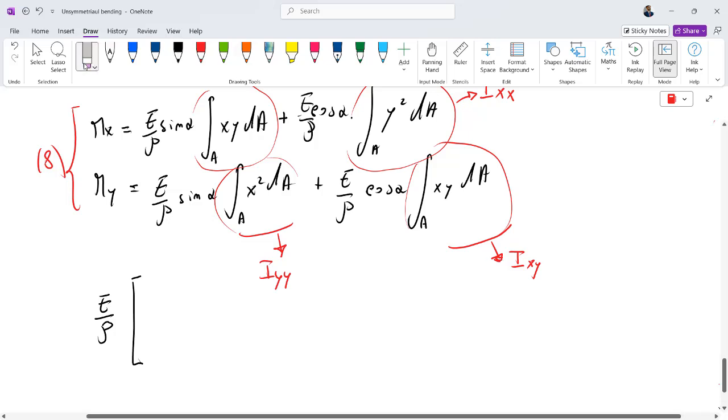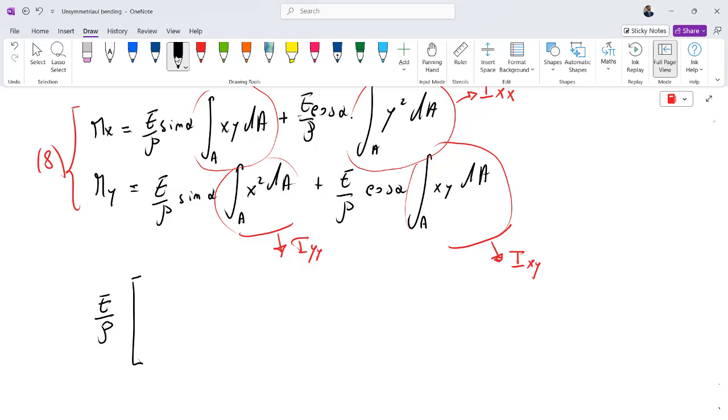This is not the inertia tensor, so I write here Iyy.